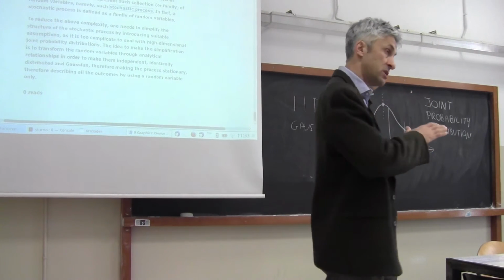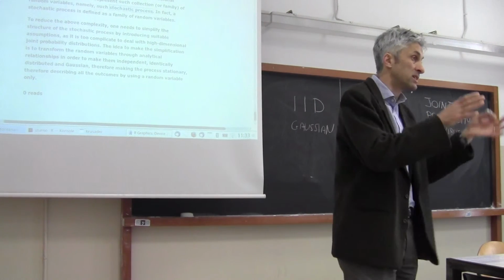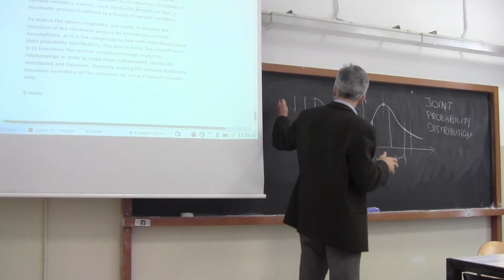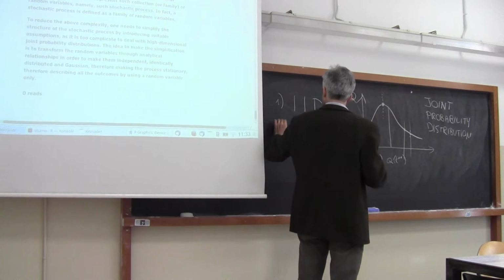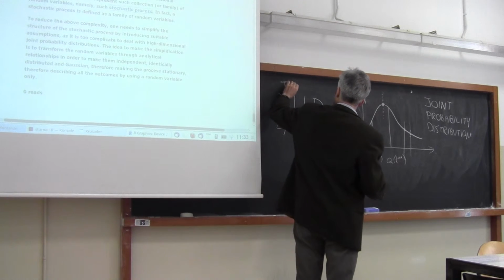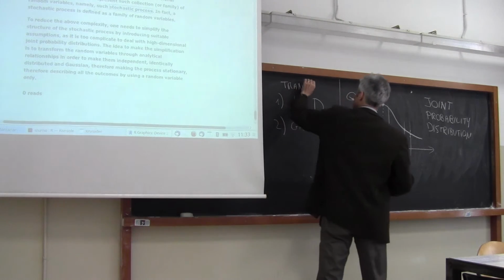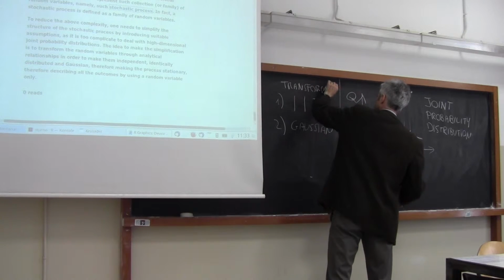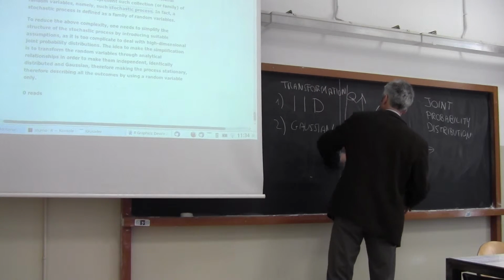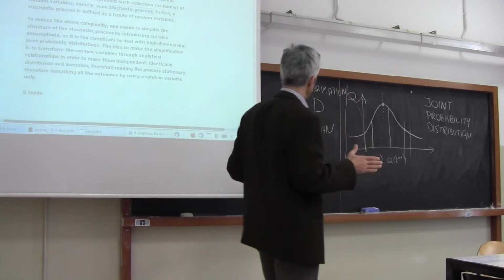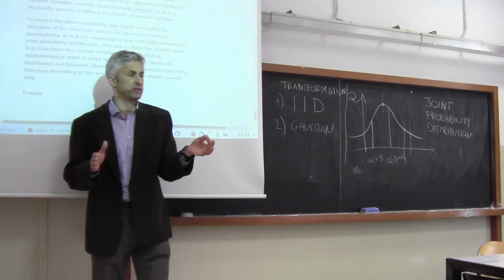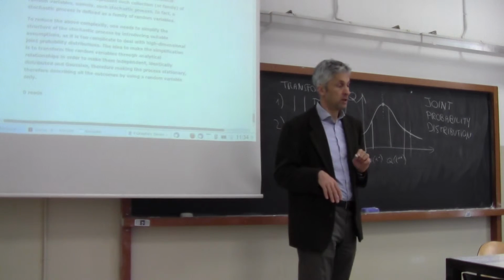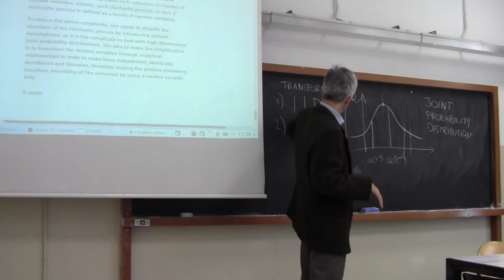And I will explain to you later what I mean from a technical point of view by easy. So this is the objective of the transformation. And the transformations may be more than one. Is there a transformation that makes the data independent and identically distributed and makes the data Gaussian?